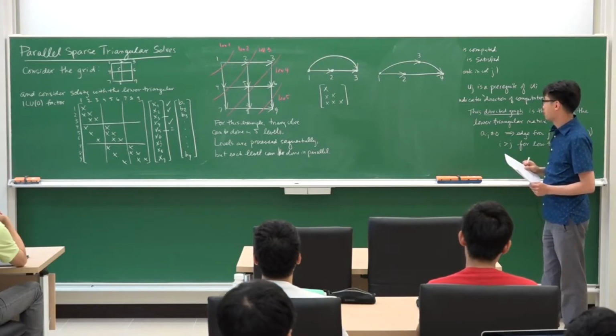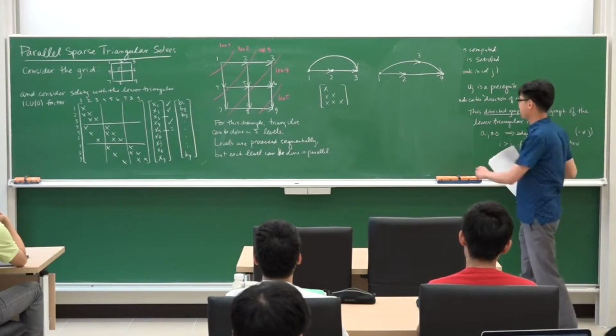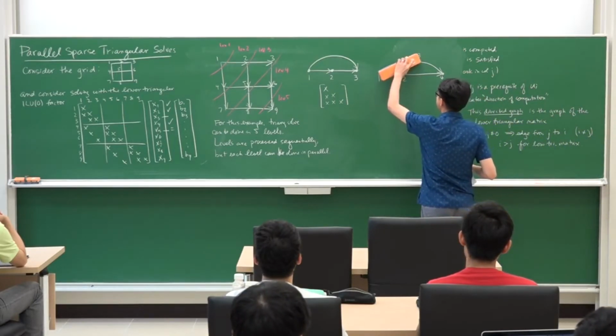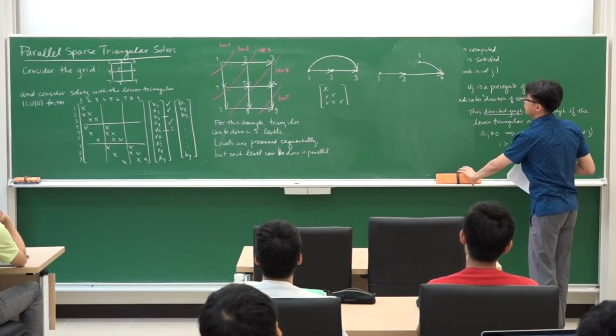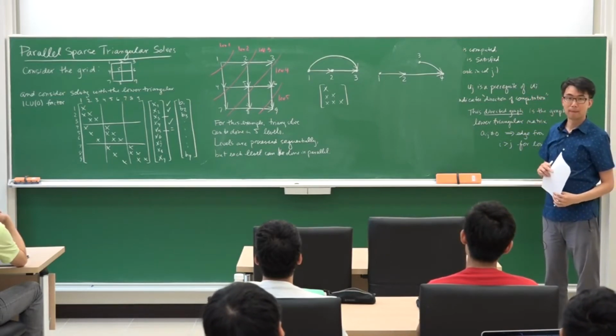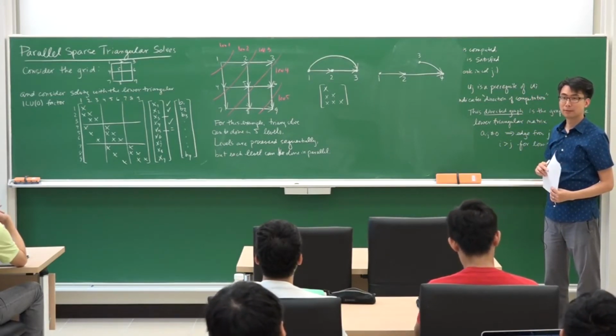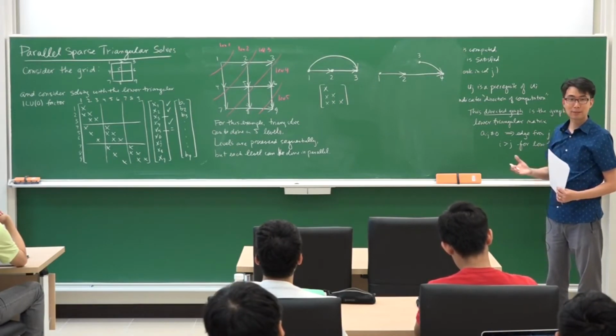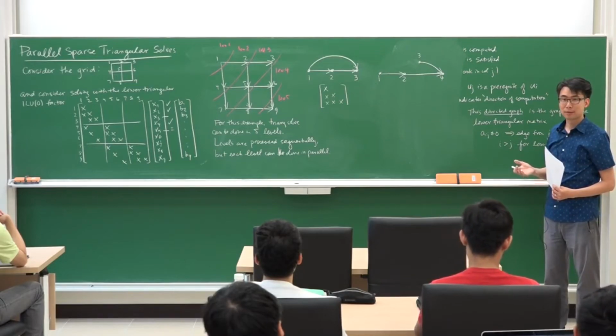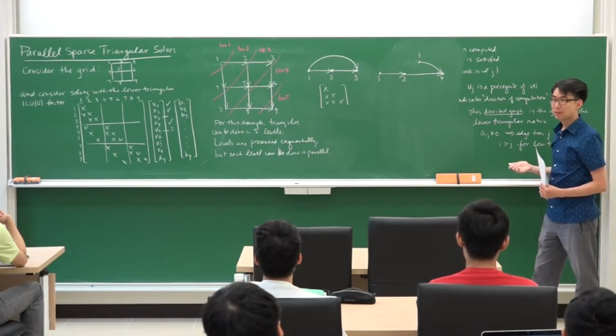Okay, let me change the graph a little bit. Let me erase this edge. So now how many levels are there? 3? Just like before, right? What's the size of the first level? The size of the first level is 2.